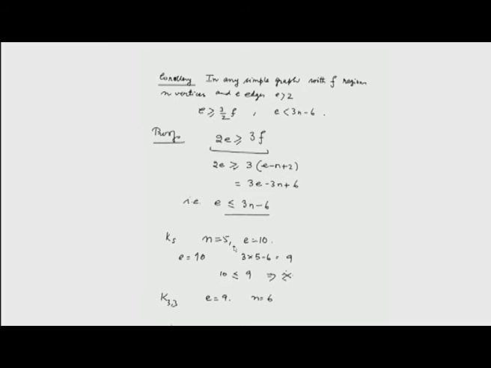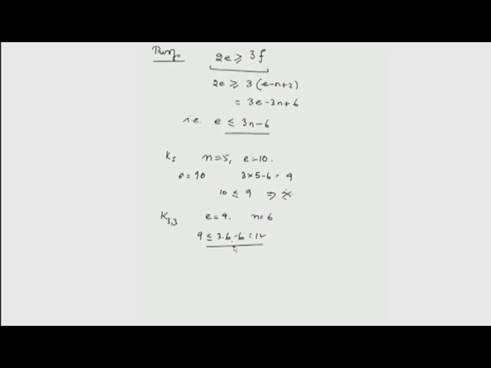So, if I now put in these values, we get 9 is less than or equal to 3 into 6 minus 6, and this gives me 12. So, there is no contradiction over here, but I think a little more, I look at the graph again.